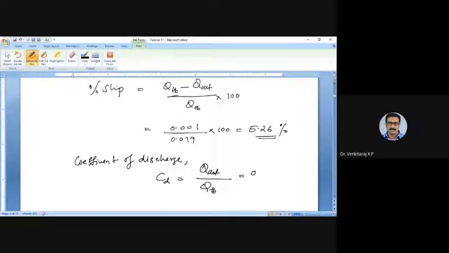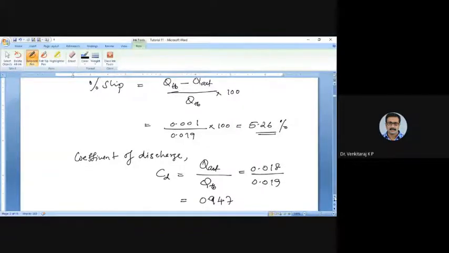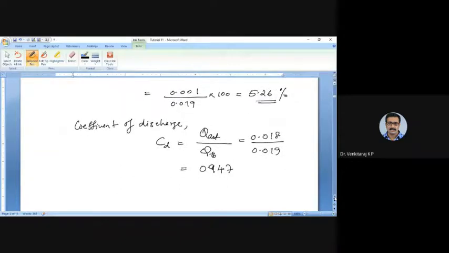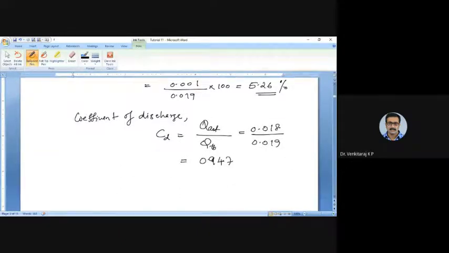It is 0.018 by 0.019, and calculating we get this as 0.947. So the coefficient of discharge of the reciprocating pump is 0.947.